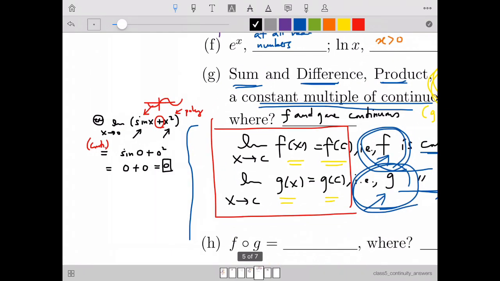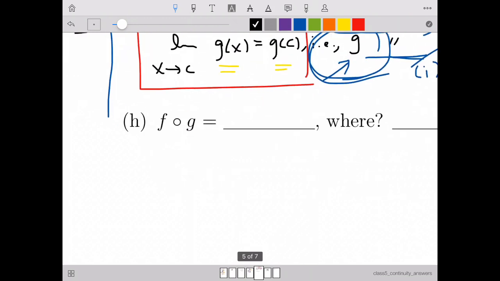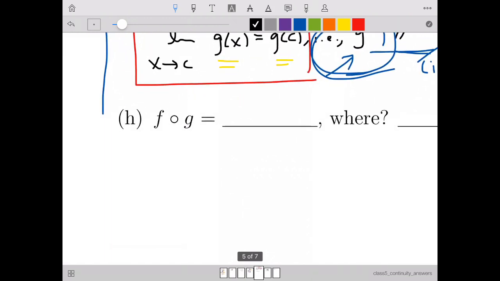And finally, f circle g. What does f circle g mean? That's a composition. So it is f of g of x.